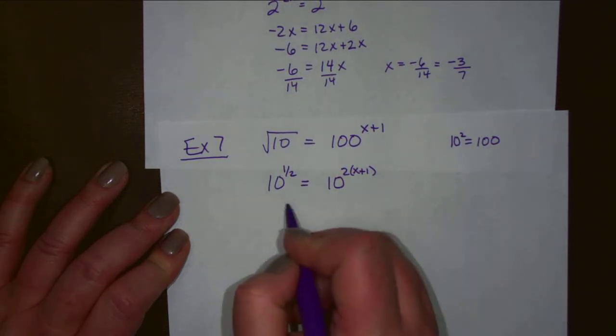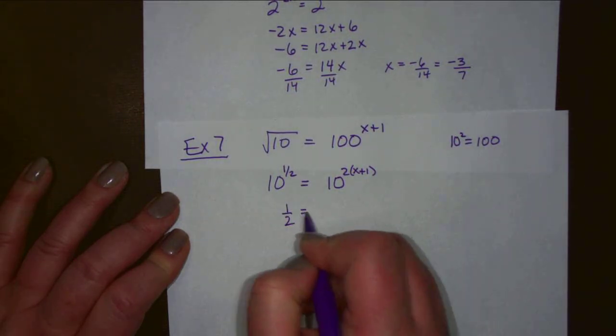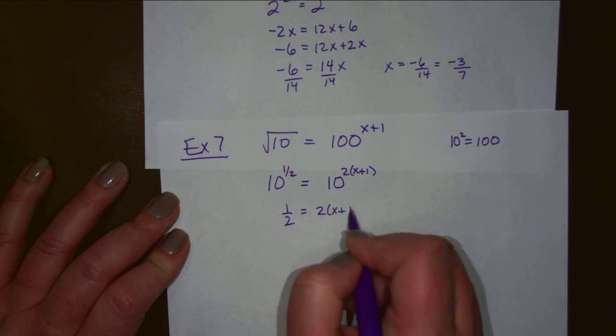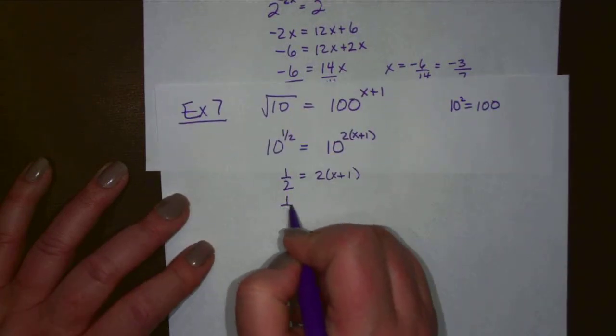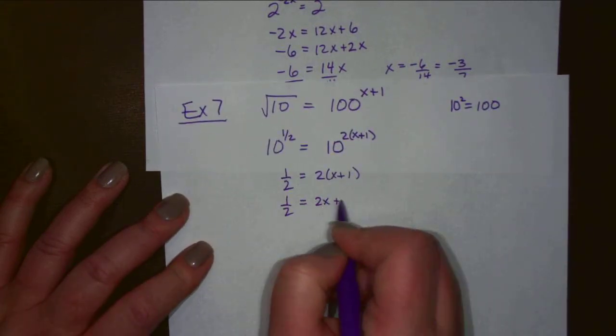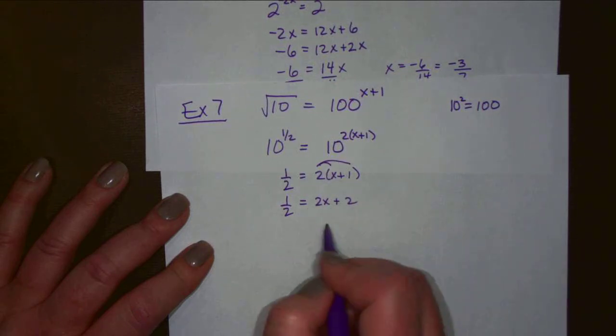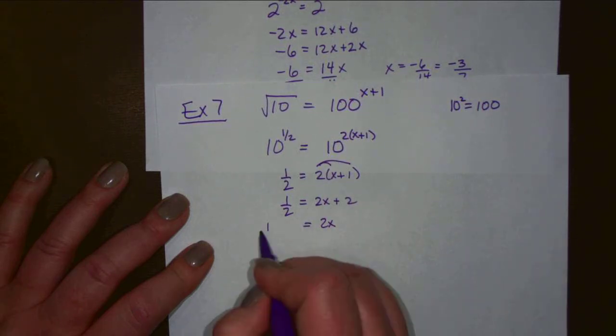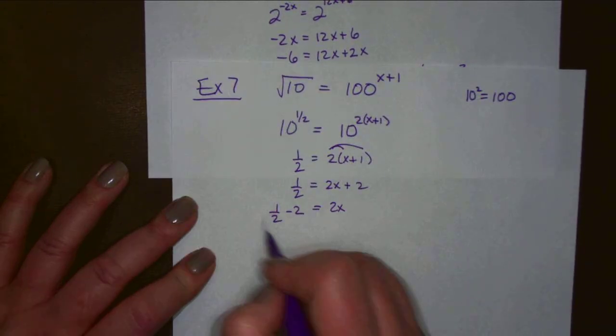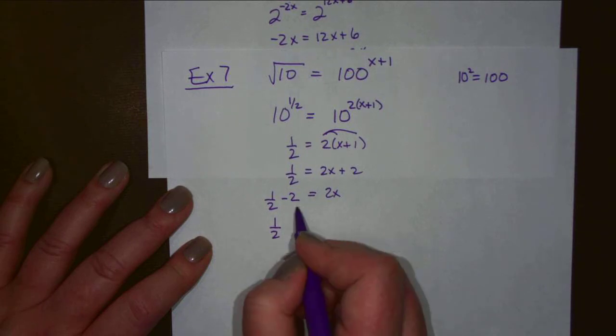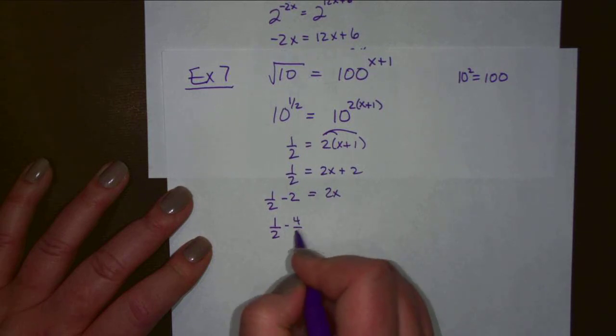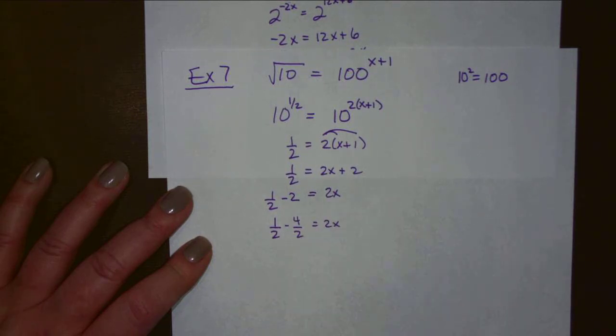So we can say 1/2 is equal to 2 onto x plus 1. Multiply that out. Common denominator. That's like a 2 over 1.